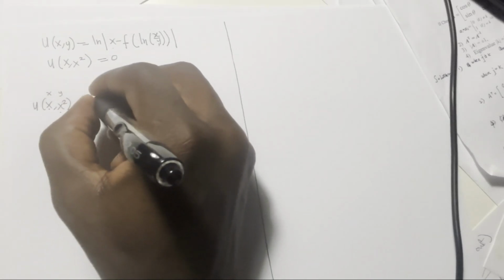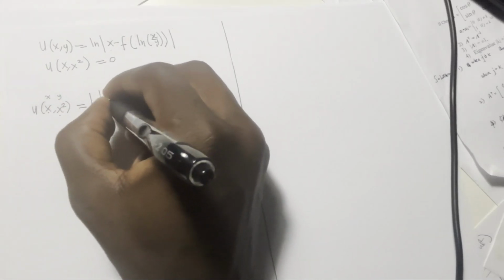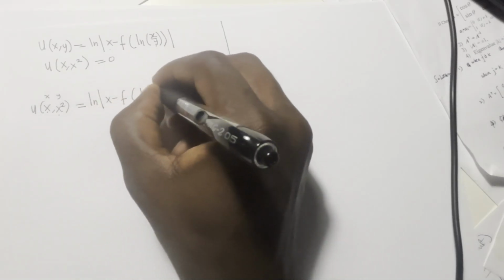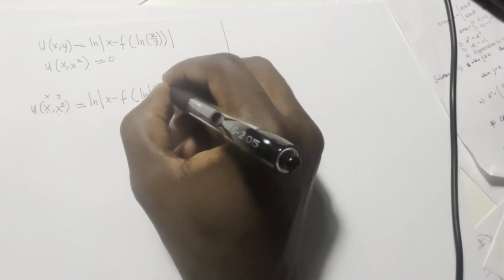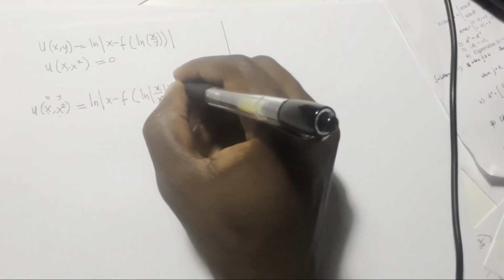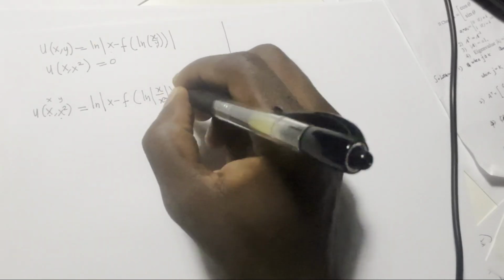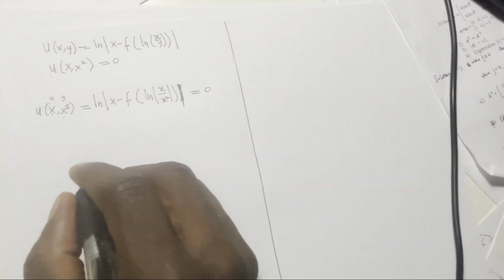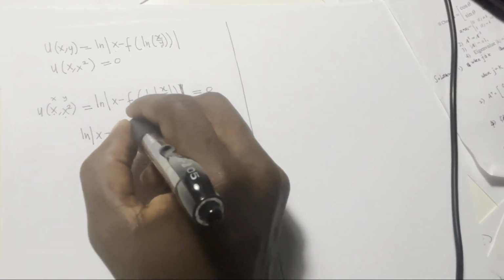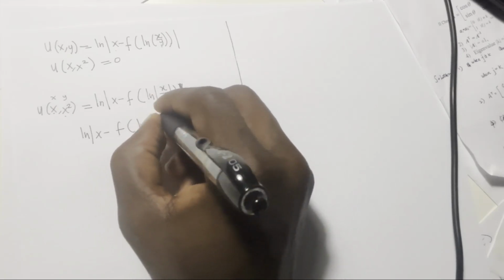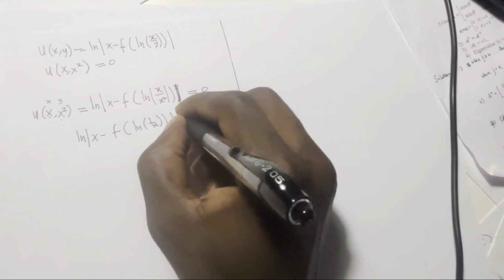So you have natural log of x minus f of the natural log of x over x squared, and this is equal to 0. So we have the natural log of x minus f of natural log of 1 over x is equal to 0.